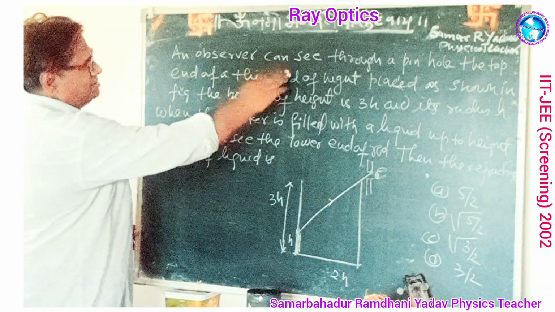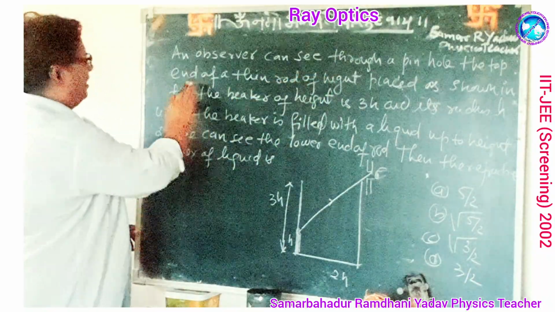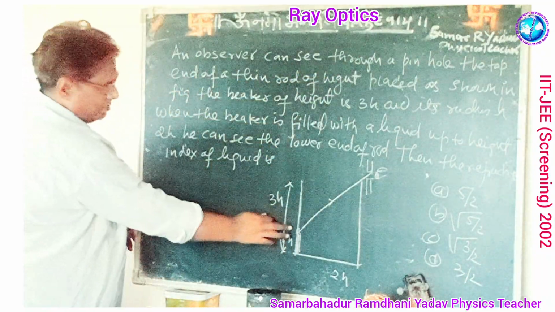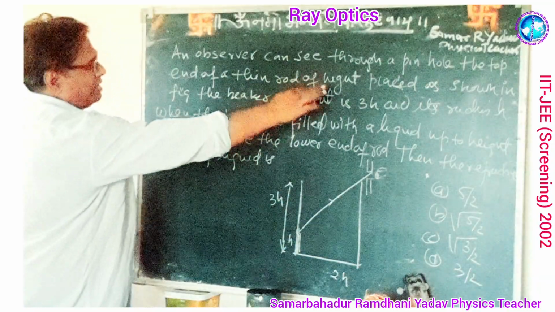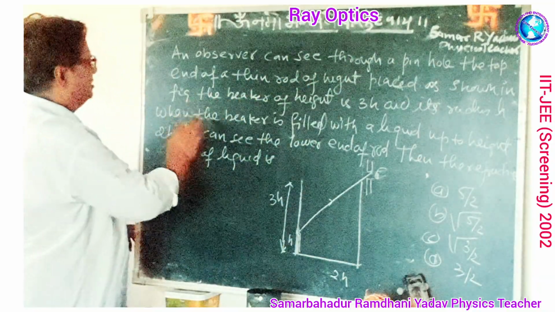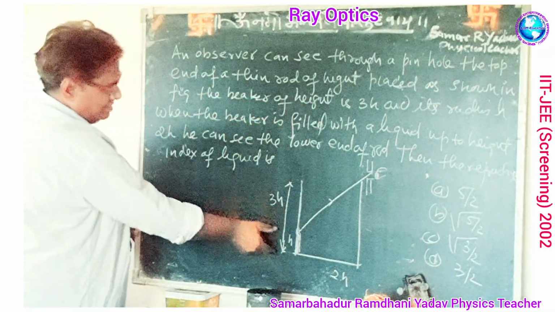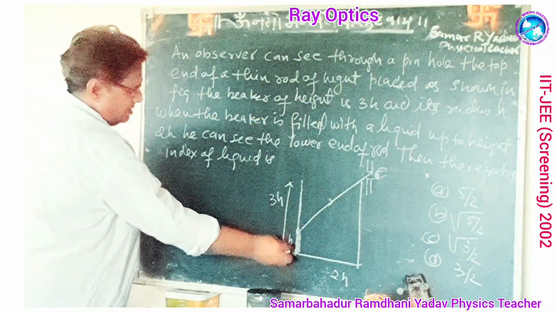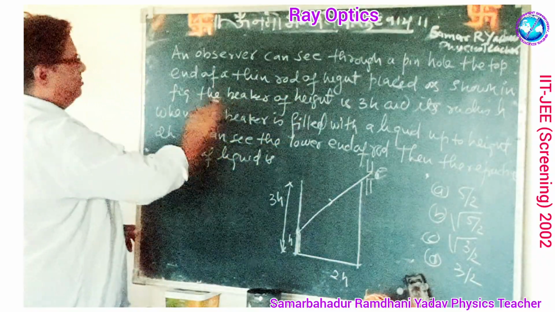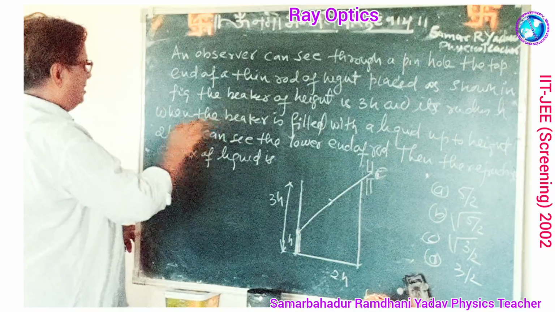An observer can see through a pinhole the top end of the thin rod of height h placed as shown in the figure. The beaker has height 3h and its radius is h.